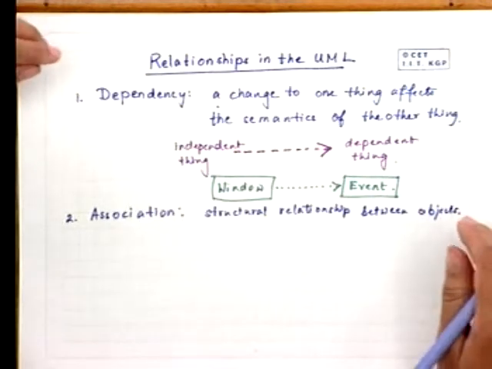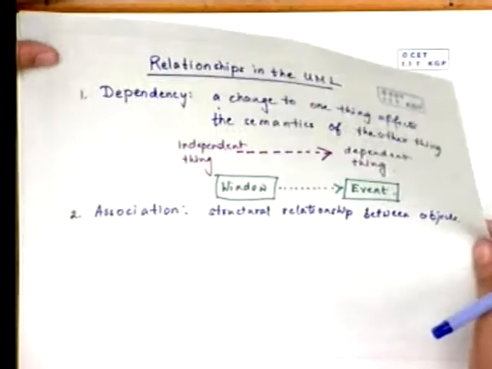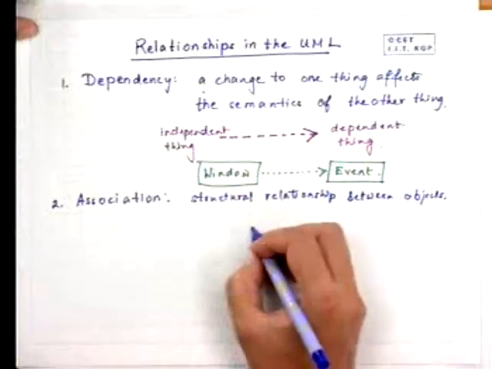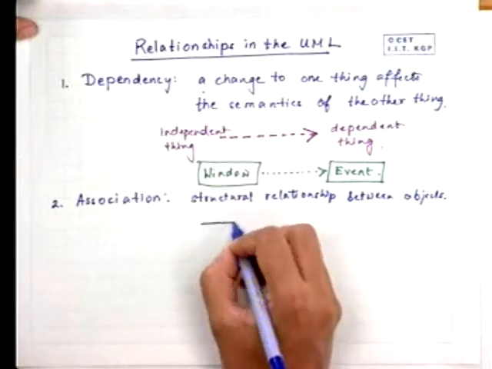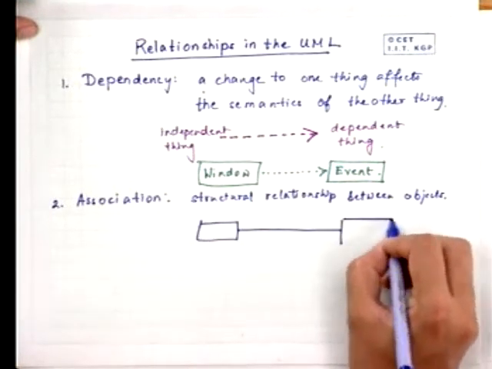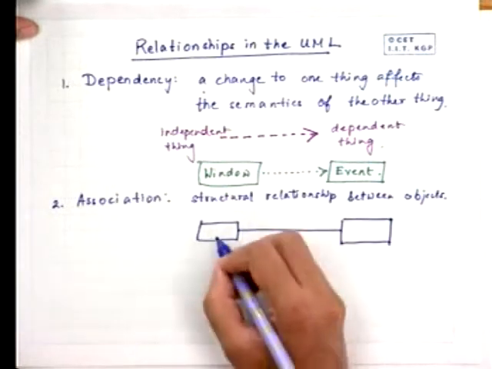There are different types of association relation. One of the most important association relationships that comes up often is the aggregation relationship or the whole-part relationship. An association relationship is denoted by a solid line linking the two objects which are part of the association.